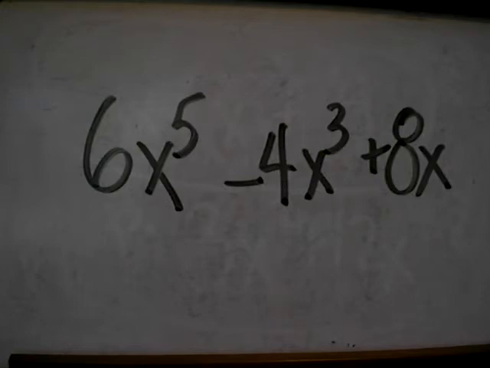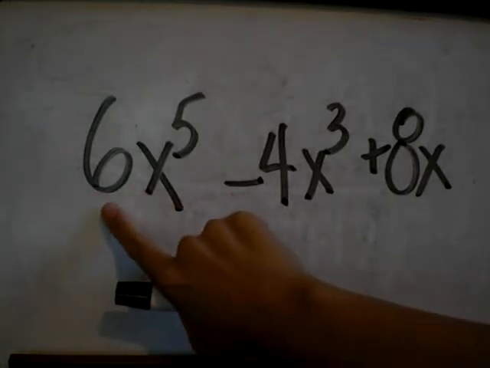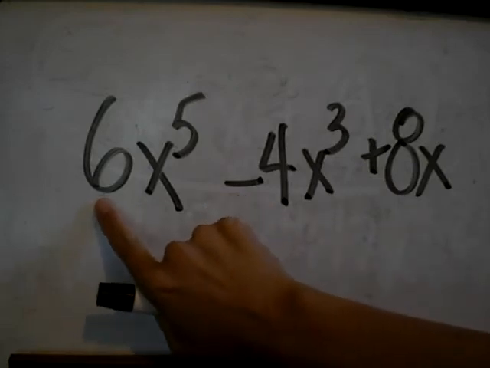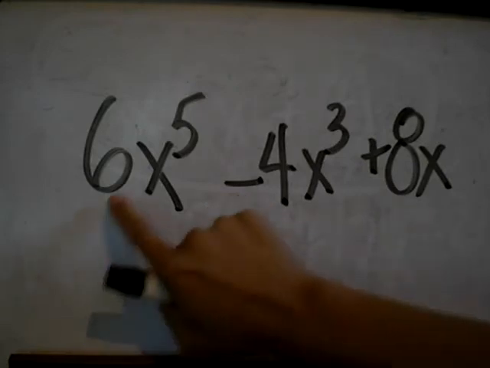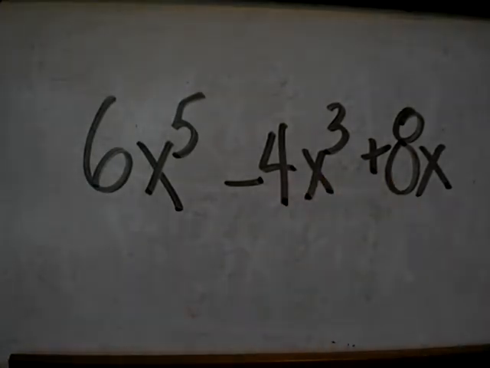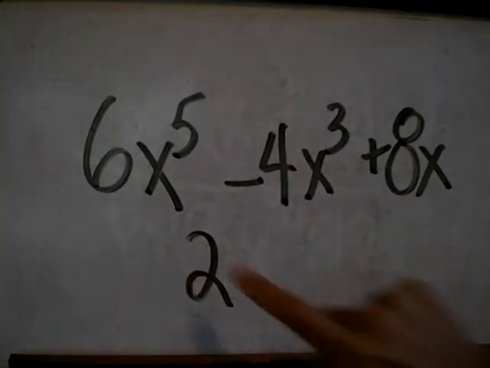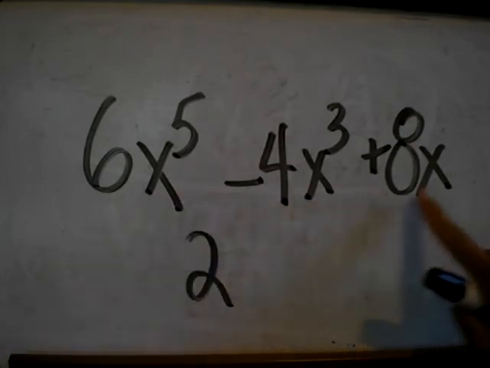Remember, the first thing we have to do is find the greatest monomial factor. Let's look at the coefficients. We've got 6, 4, and 8. What is the greatest common factor of those 3 numbers? Well, it's 2. Now we have our x's.